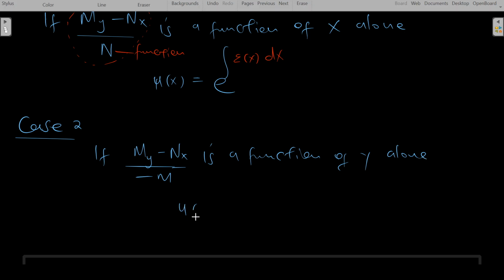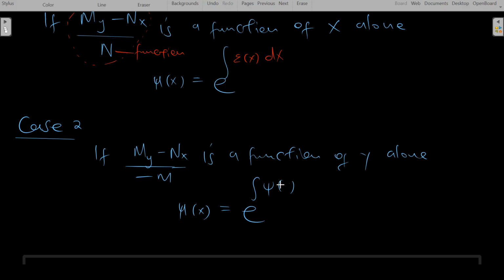Then I'll get my integrating factor mu of y as e raised to the integral of psi of y. Sorry for this, it should be psi of y.